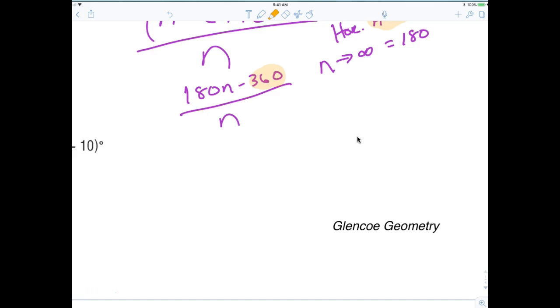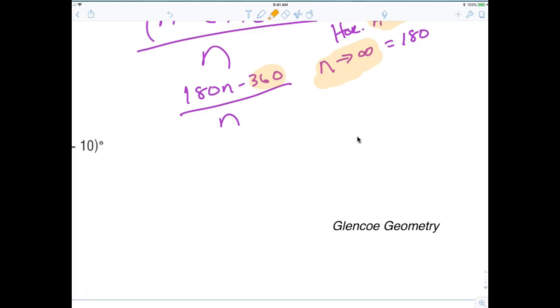What I'm trying to show you now is as n gets closer to infinity, and infinity is not a number, it's an idea, as it gets bigger and bigger and bigger, what is happening to the 360? We say that 360 is insignificant. It's like 0.